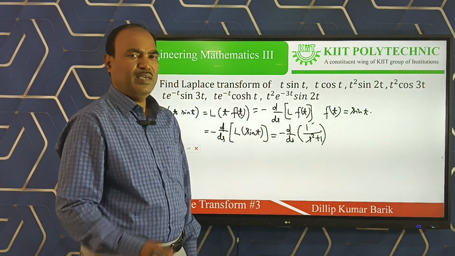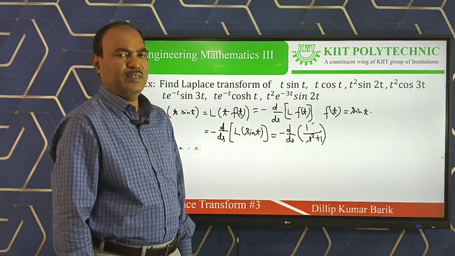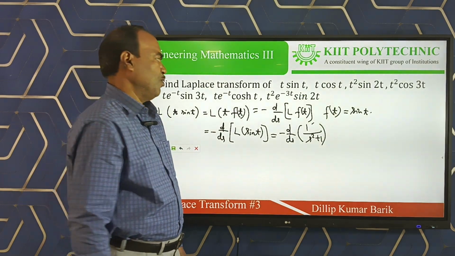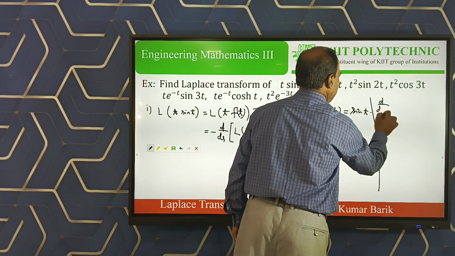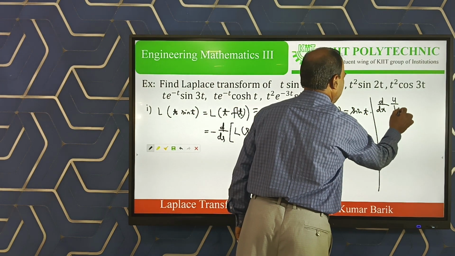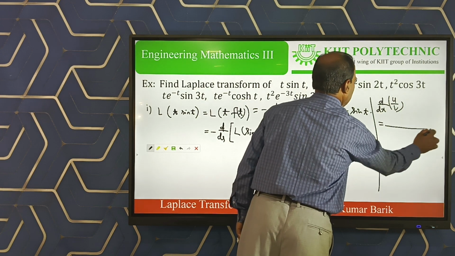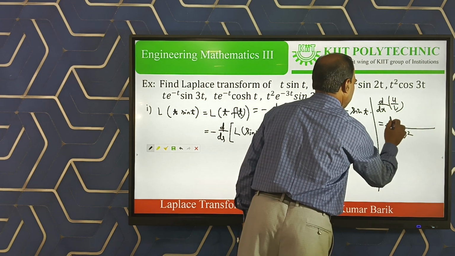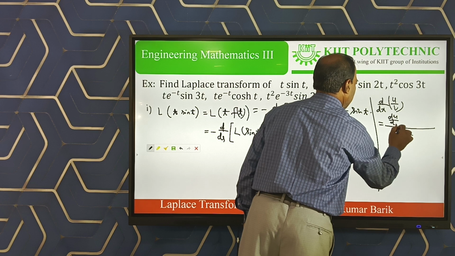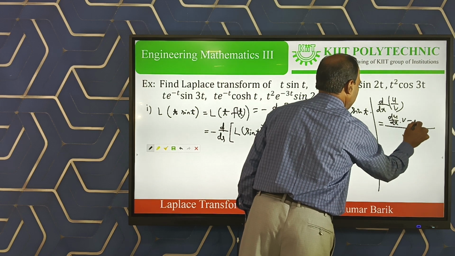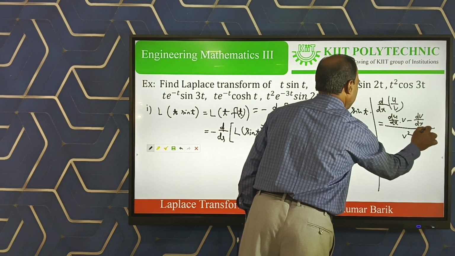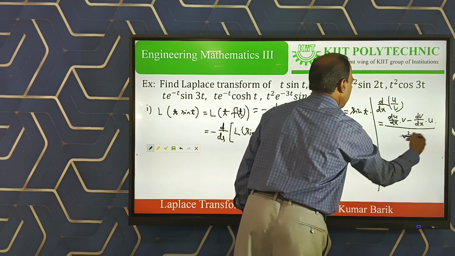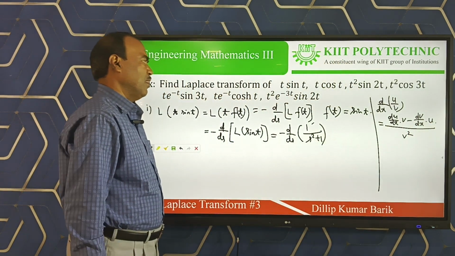This is clearly the division formula from lower classes. What is the division formula? Suppose the derivative d by dx of u by v, you know this from higher secondary classes: derivative of numerator into denominator minus derivative of denominator into numerator, by denominator square.